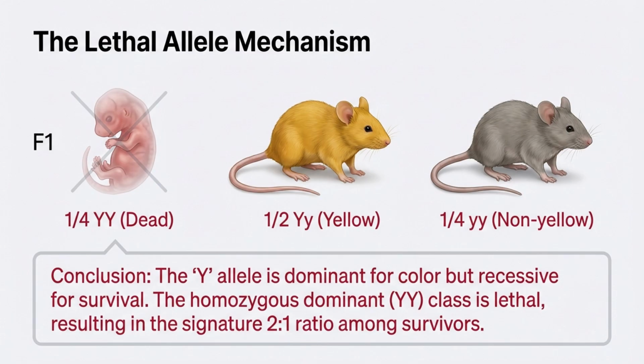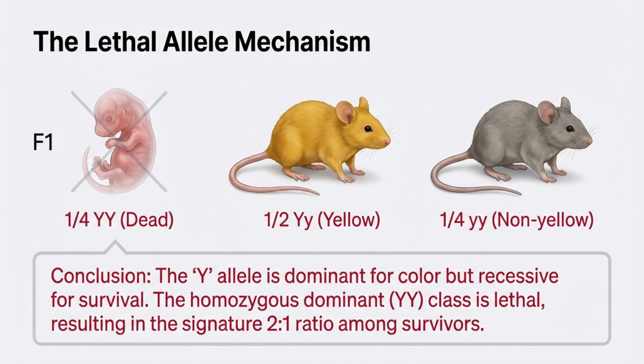For survival, there should be only one capital Y allele. When one capital Y allele is present, mice will survive and have yellow coat color.